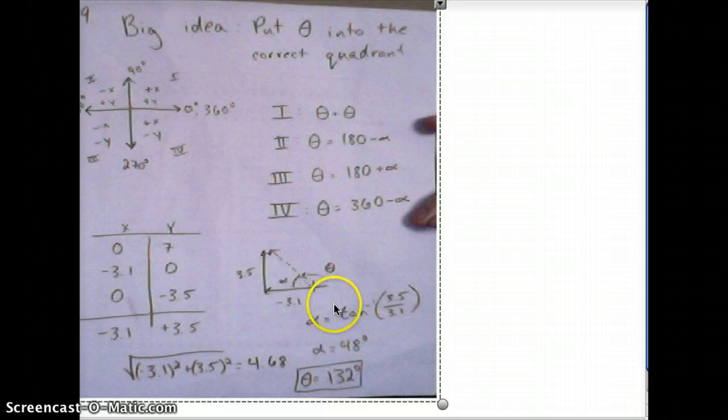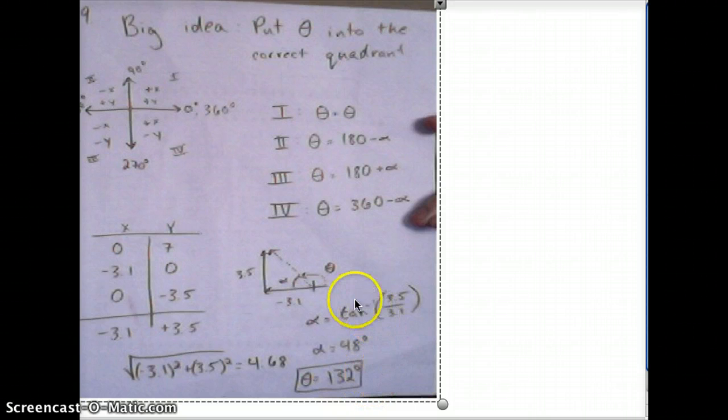But 48 degrees should point something like this, and I know that this needs to be somewhere between 90 and 180. Well, if this is 48 degrees, and the angles on a straight line are 180, to get this piece over here, I'm going to take 180 minus 48 degrees. So my actual final theta is 132 degrees.